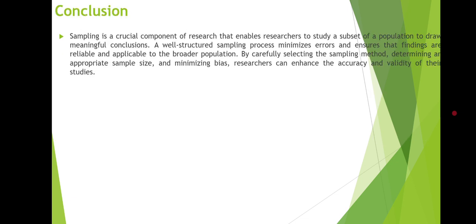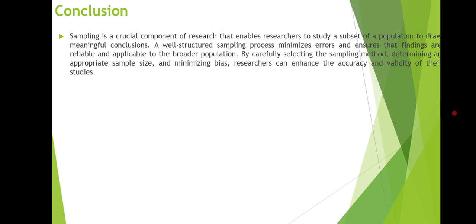So we come to the conclusion of this video, where we talked about sampling and types of sampling. Basically, sampling is a crucial component of research that enables researchers to study a subset of a population to draw meaningful conclusions.